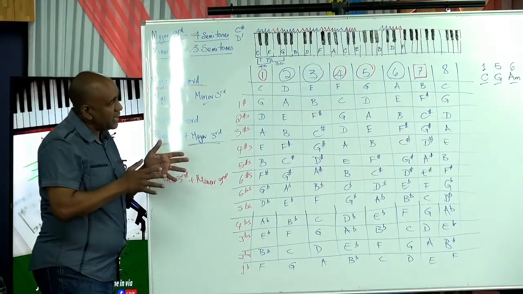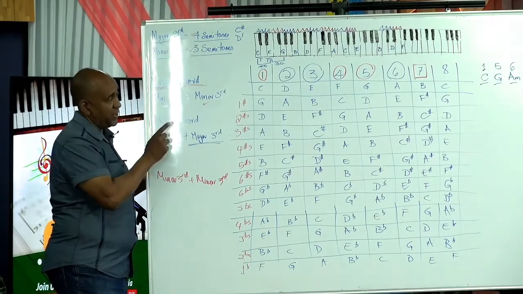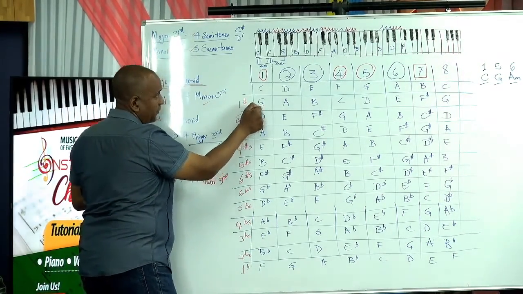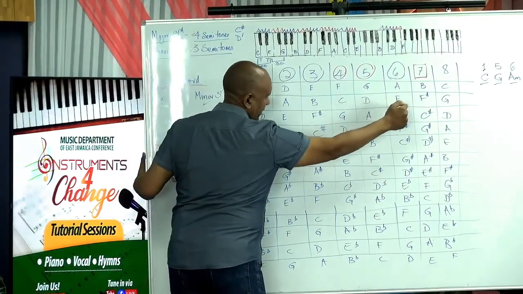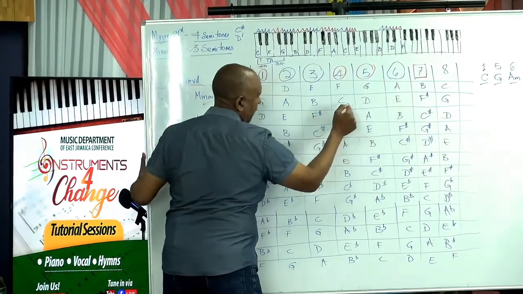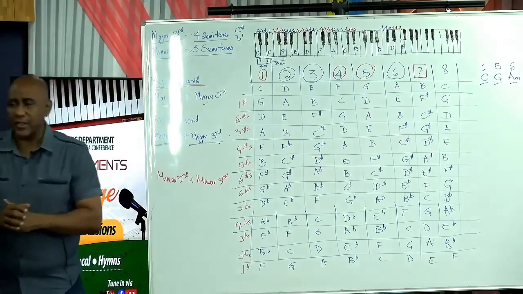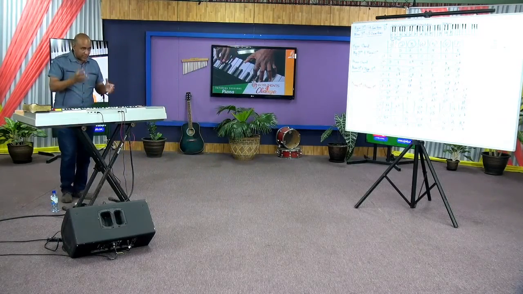the second key we're going to play in and learn is the key of G. 1 is G, 5 is D, 6 is E minor, and 4 is C. Let's play it first, and then I'll tell you why we are doing it in that way.